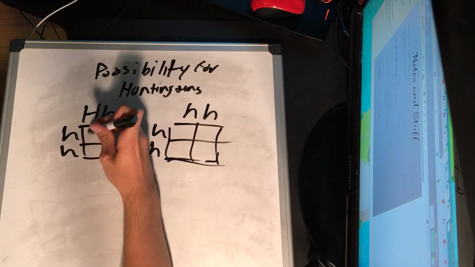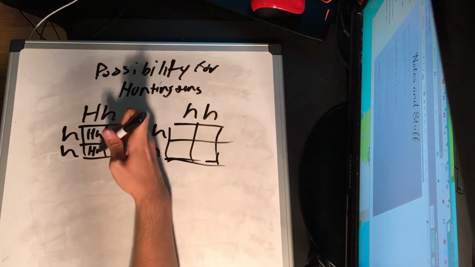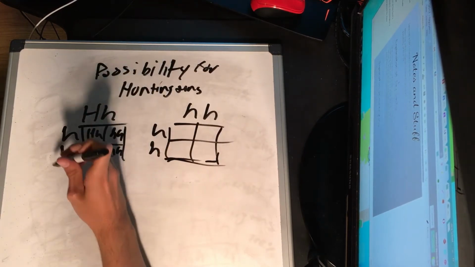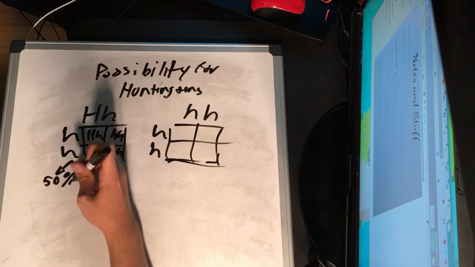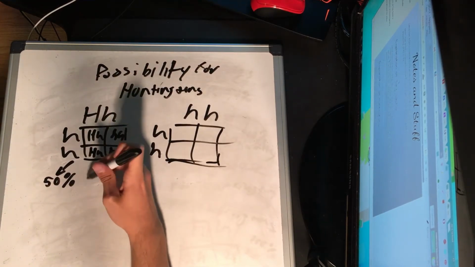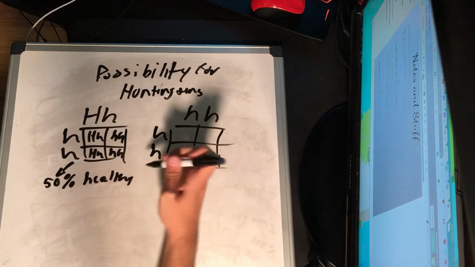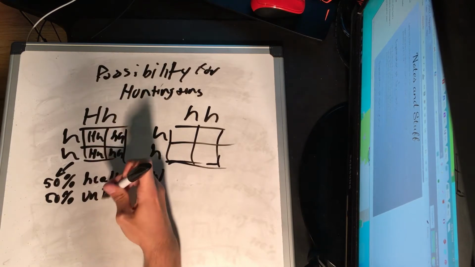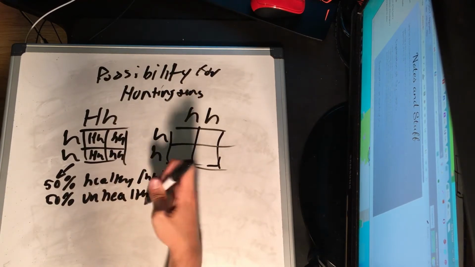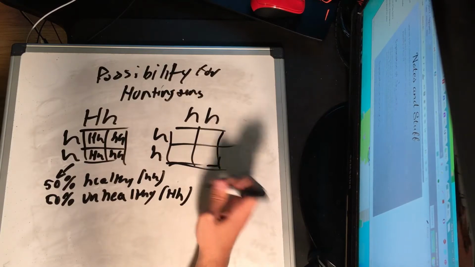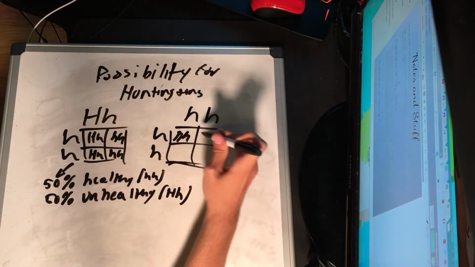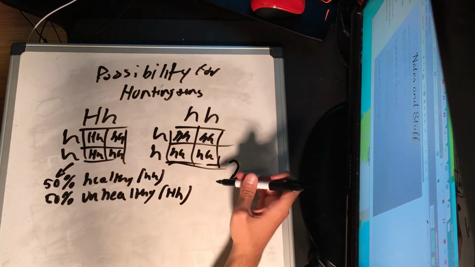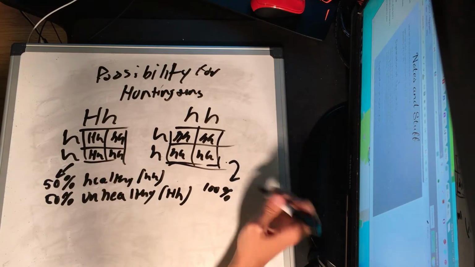So this makes these Punnett squares pretty simple here, where we can see this is a 50% chance to be healthy, or a 50% chance to be unhealthy. Now for this one, it's going to be all lowercase recessive because there's nothing else. So essentially it's a 100% chance if Leila's healthy.